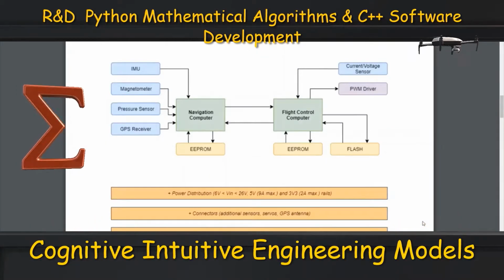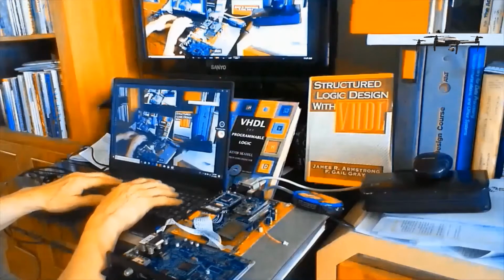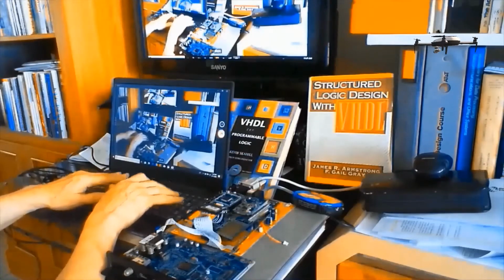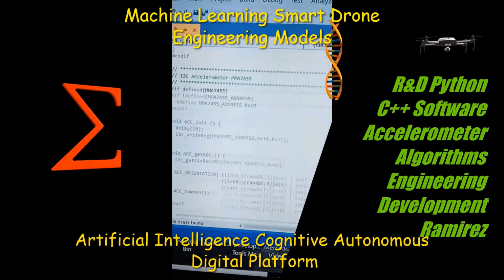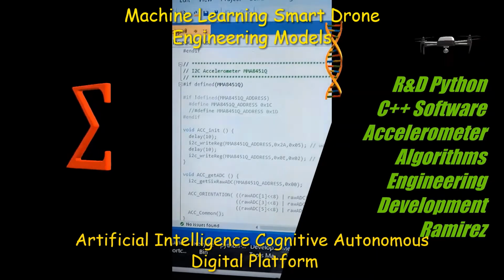The objective of this framework is to illustrate an actual engineering prototype model of a cognitive artificial intelligence neuromorphic flight control system.